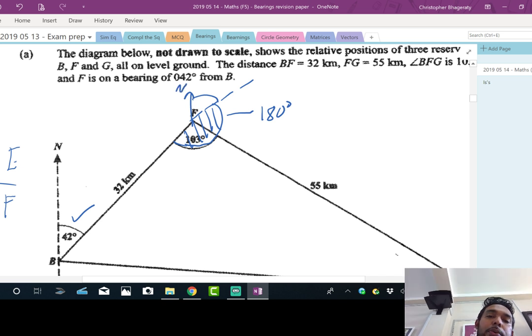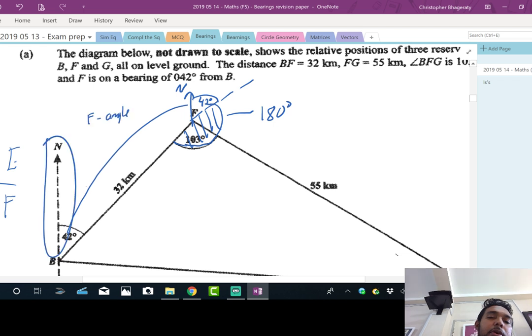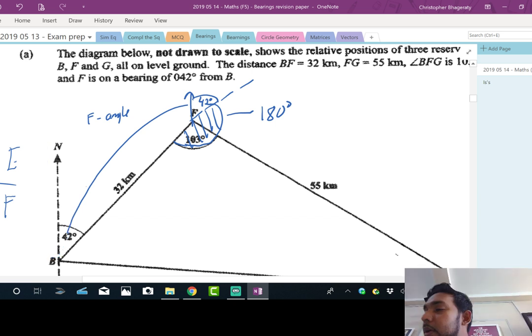Like I was saying, this angle on top here is 42 degrees as well, because it's equal to this angle because of F angles. And why F angles? Because all north lines are parallel. A lot of people are not strong in this at all, so I'm glad you get some practice.